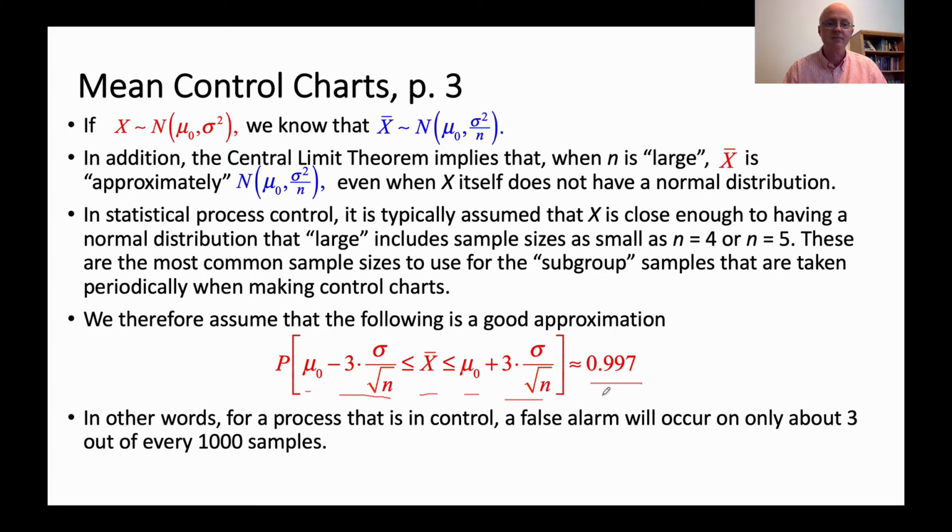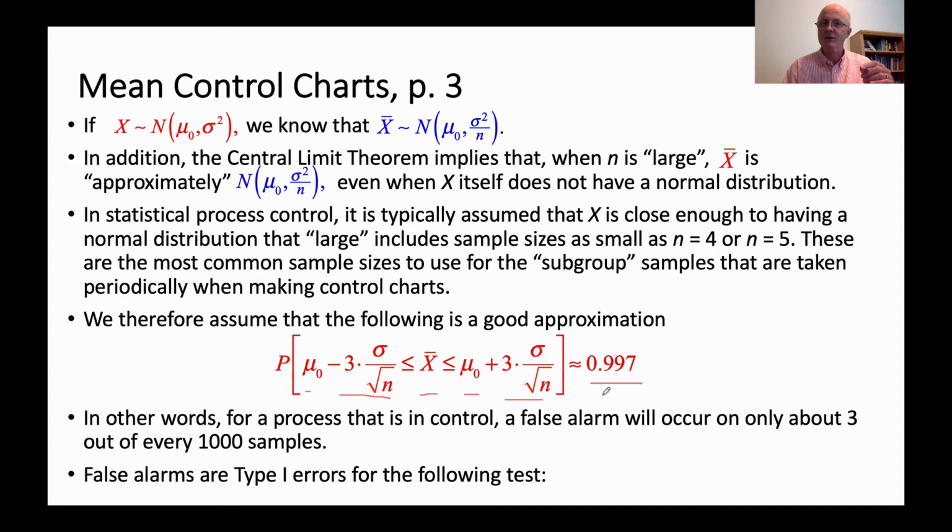In other words, for a process that is in control, if we assume it's in control, a false alarm of saying, hey, it's out of control when it really is in control will only occur with probability 0.003, 1 minus 0.997, which is 0.3%, which is the same as 3 out of every 1,000 samples. Okay, so not very often. We don't want those false alarms, remember. At least not very often.